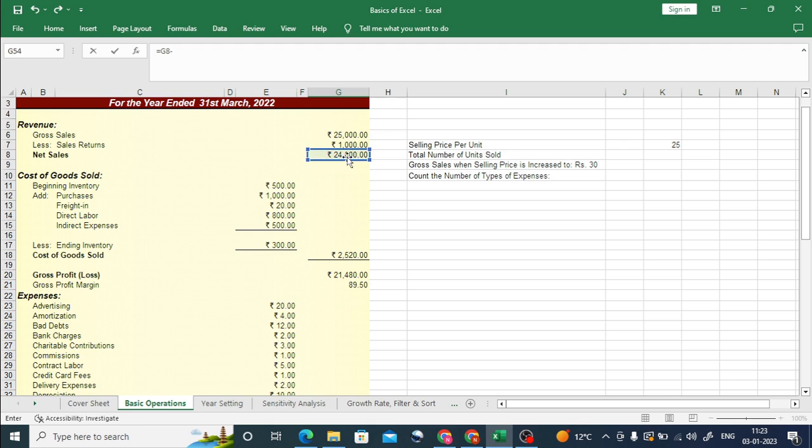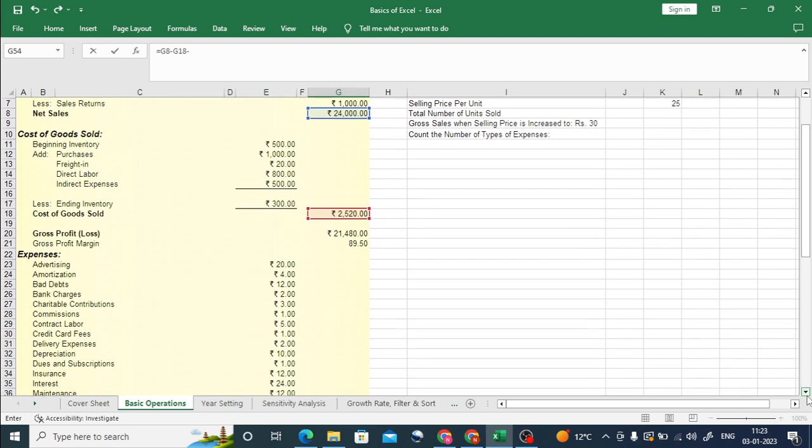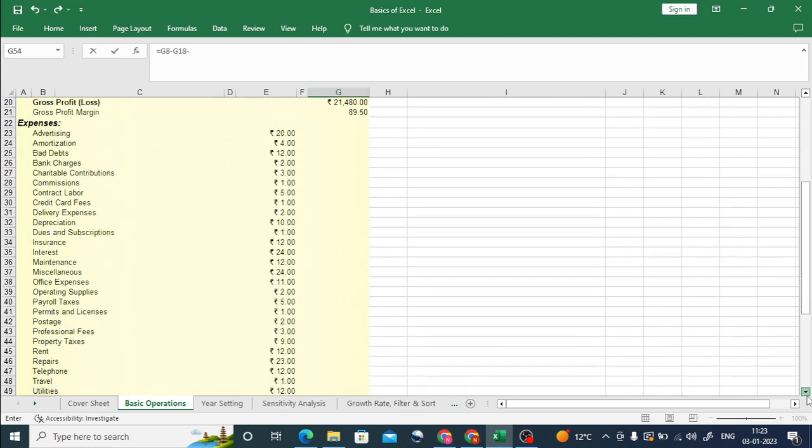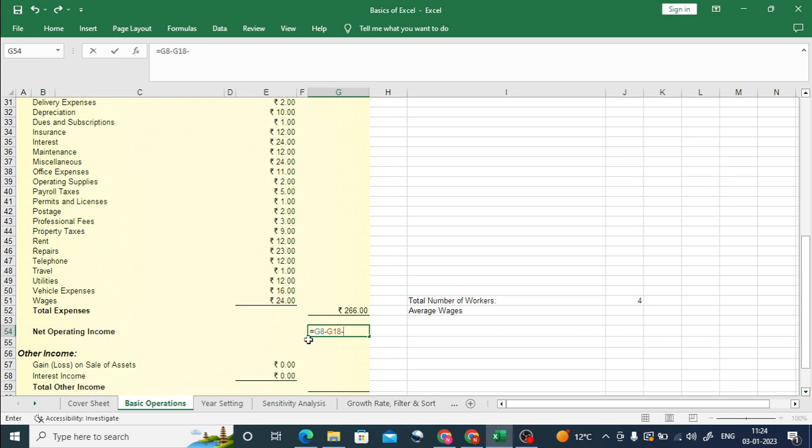Out of this amount, reduce the cost of goods sold, which is 2520 rupees, and then subtract the amount of total expenses. Total expenses have been calculated over here.